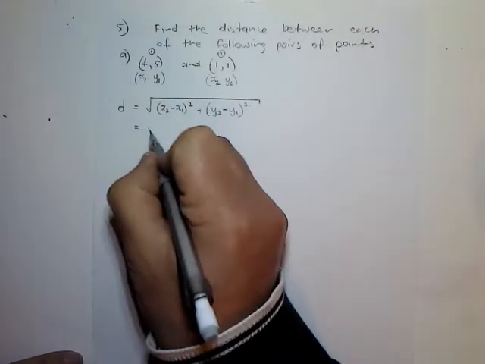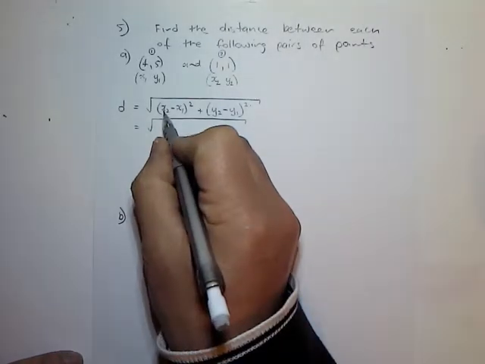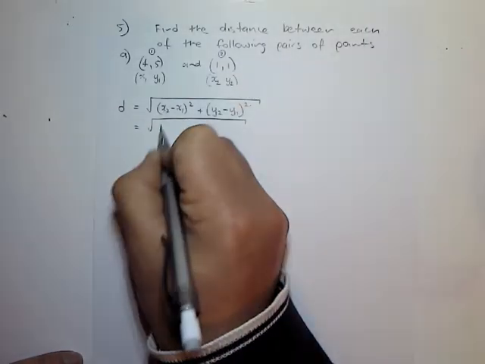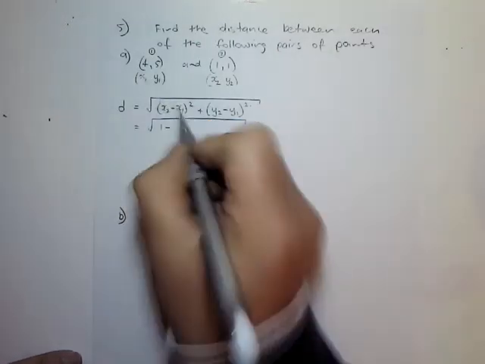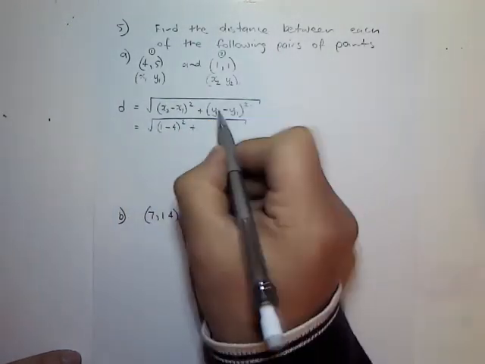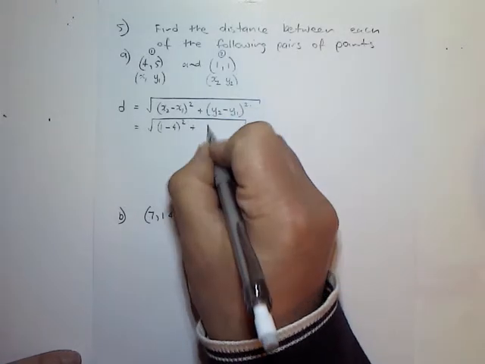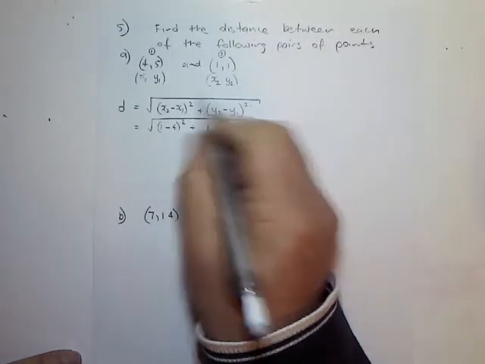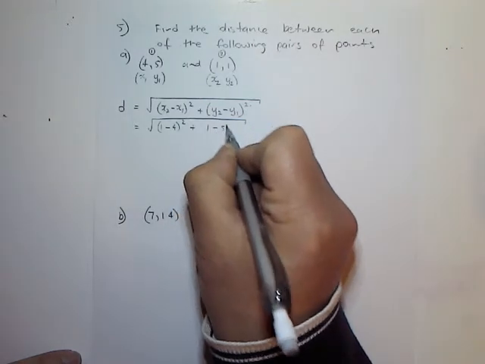All right, so let's input the values into this formula. x2 is 1 minus x1, which is 4, all squared, plus y2, which is 1, minus y1, which is 5, all squared.